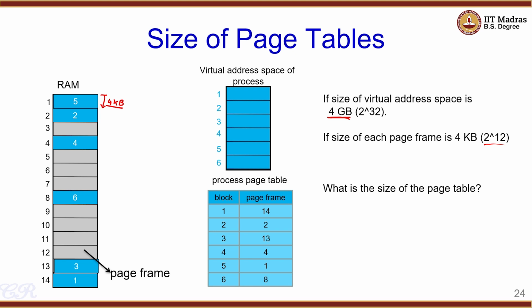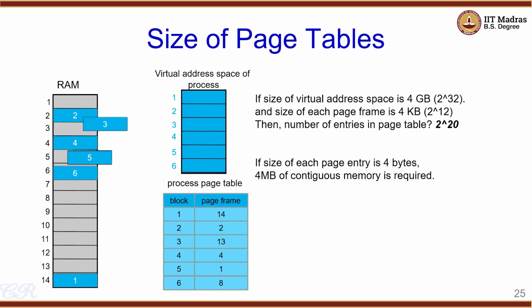So what it essentially means is that for each 2 power 12 bytes, we have a mapping, an entry that is present in the page table, right? Thus the number of entries in the page table is 2 power 20.